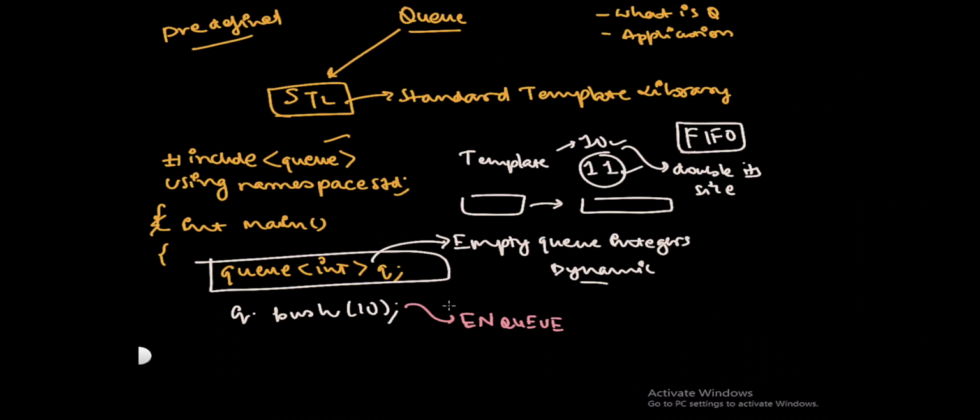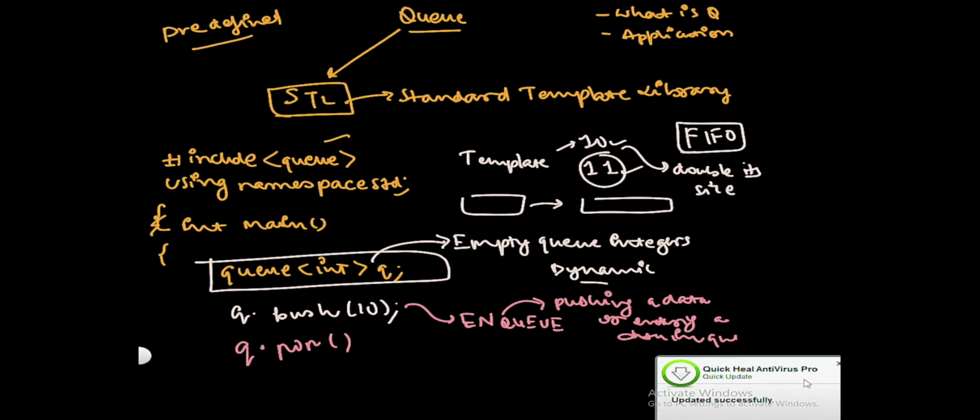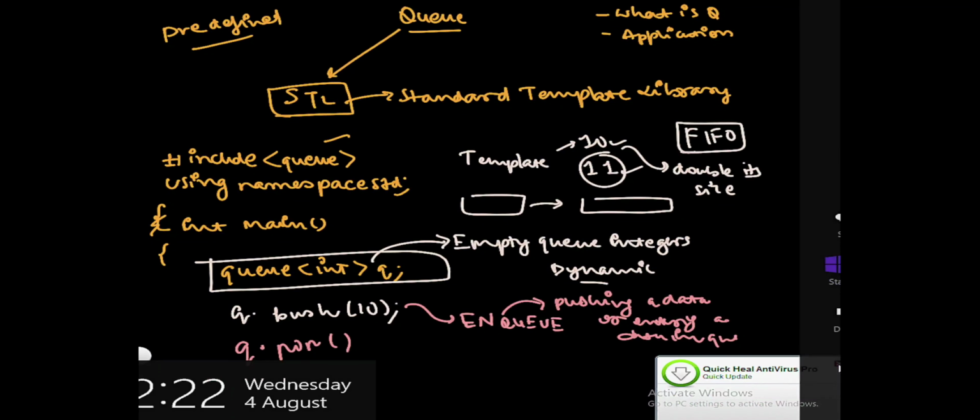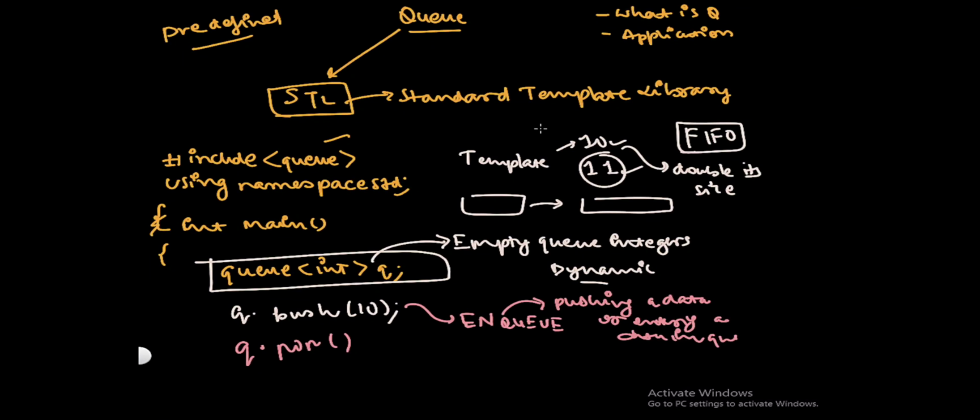Enqueue means pushing or entering a data in the queue. And if I write q.pop, it will pop the first element. Why the first element? Because the order of the queue is first in first out.